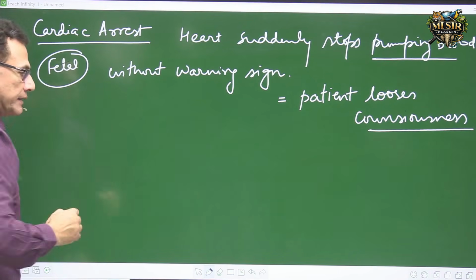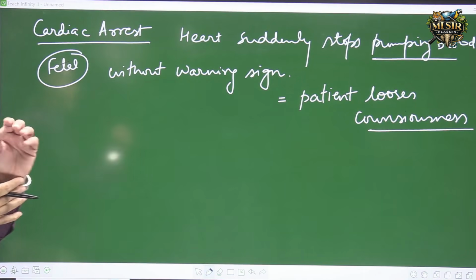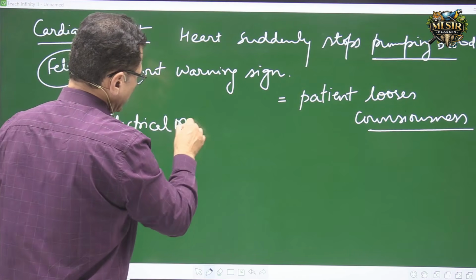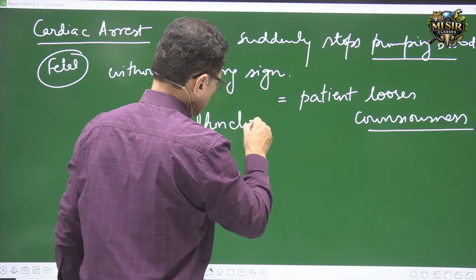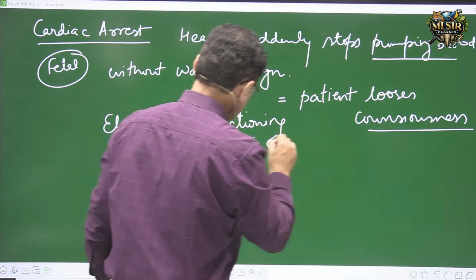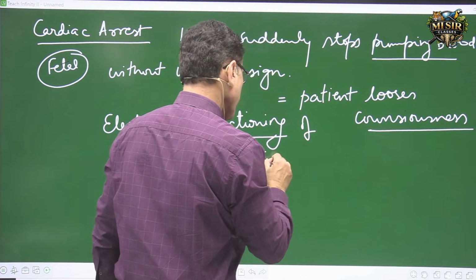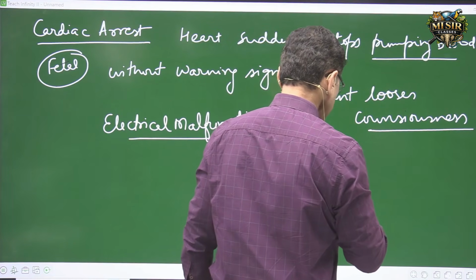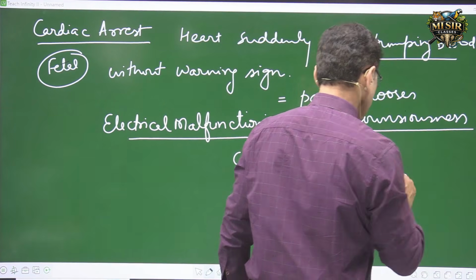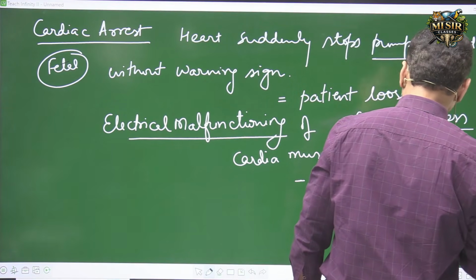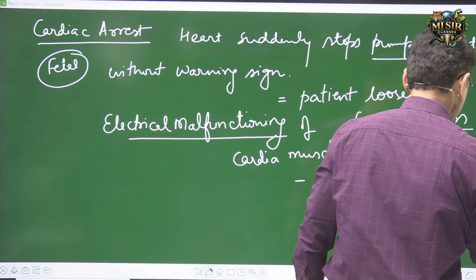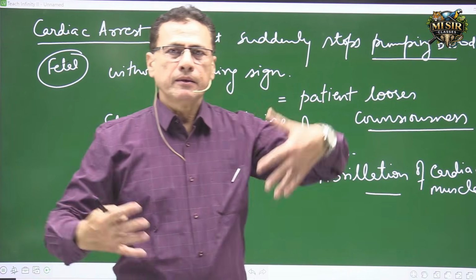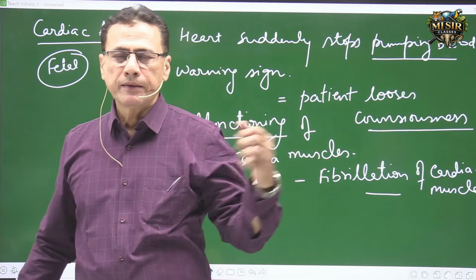Although all are fatal, cardiac arrest or heart attack or heart failure, it is mainly due to electrical malfunction of cardiac muscles, leading to fibrillation. Chaotic electrical impulses are generated across the heart muscles.